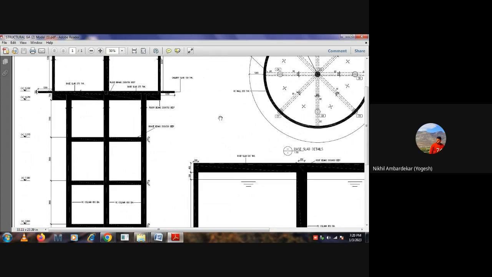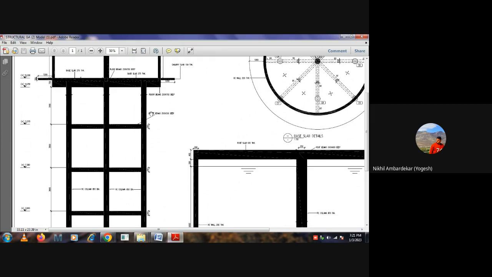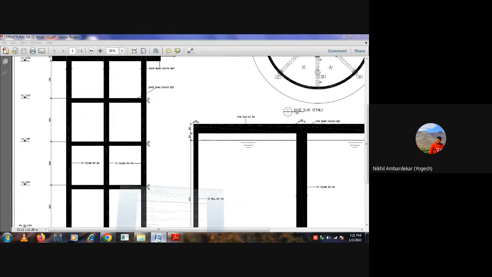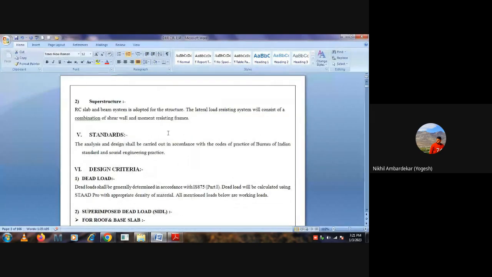Since this is RCC, it is obviously designed as a moment resisting frame, because of this connection there will be some moment, correct? So it's a combination of shear wall and moment resisting frame, okay.